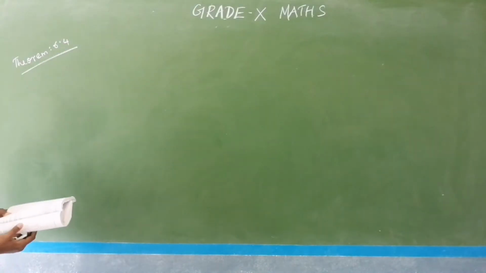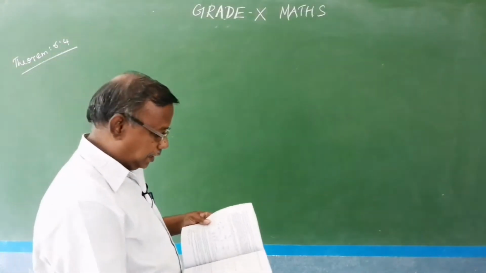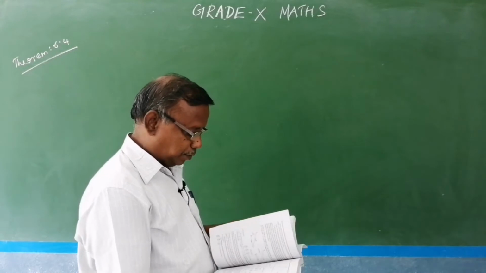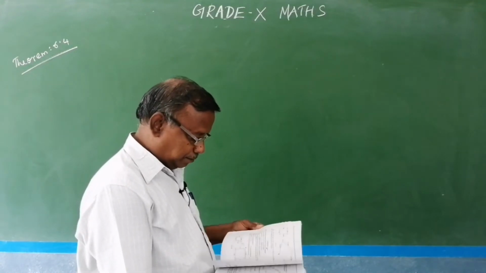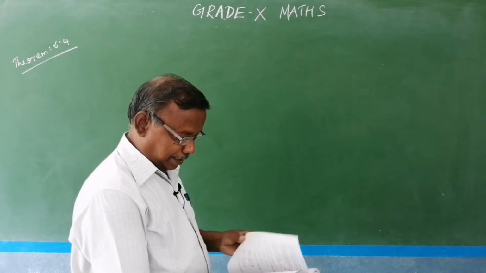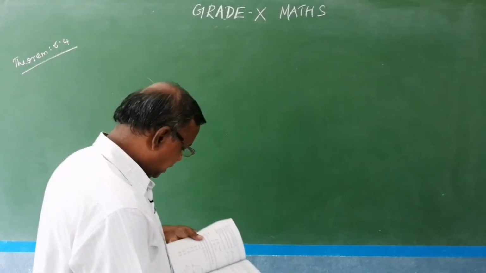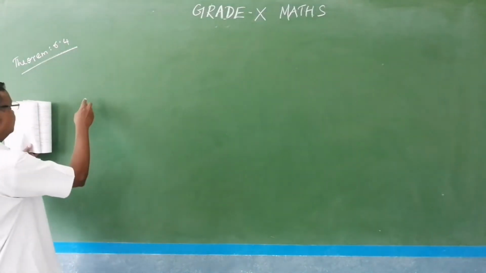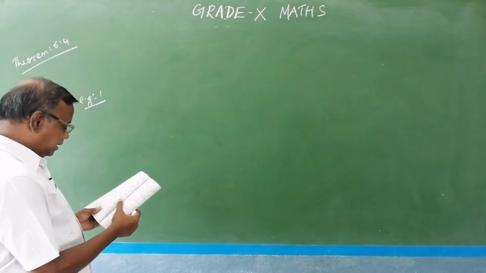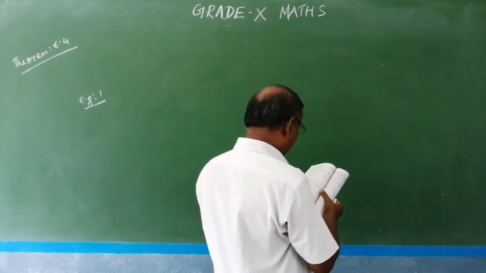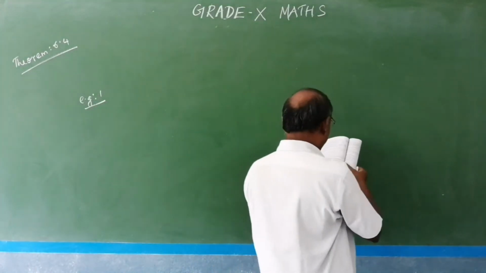Before teaching you this theorem, I wish to teach you example 1 of this. Example 1, that is based on the BPT, the problem. See, in example 1, if a line intersects sides AB and AC of a triangle ABC.